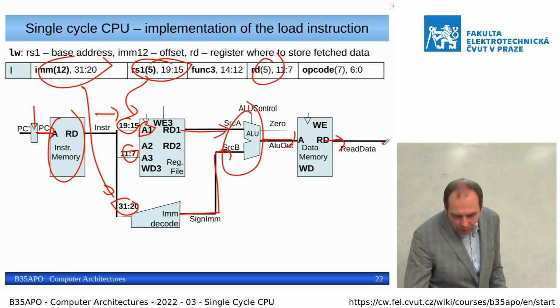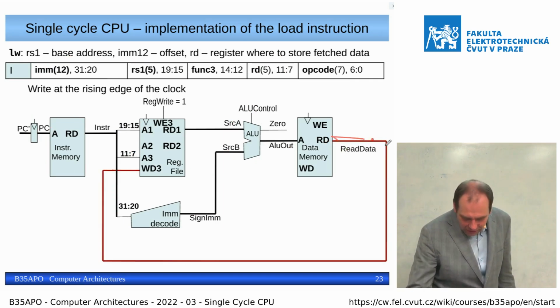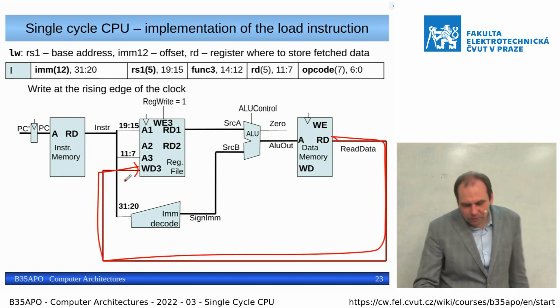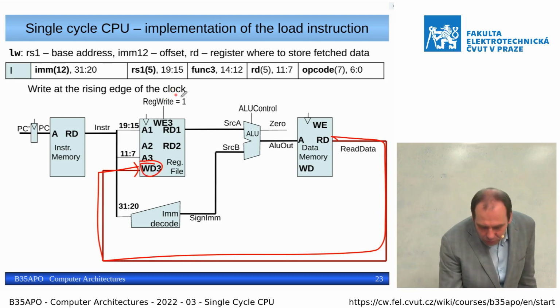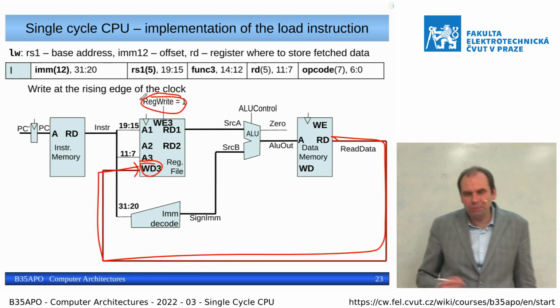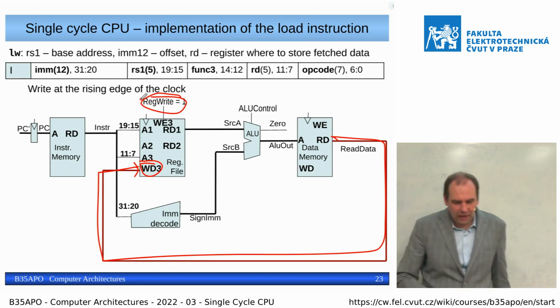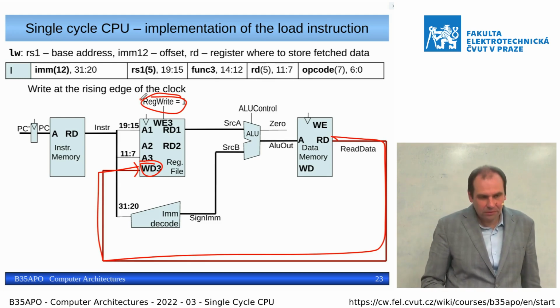And we need now to provide the data back. So basically, we read the data, and those data are passed to the write data input of the register file. And we need to select that the data should be written at the end of this clock cycle. Data are written, and our instruction has been executed.